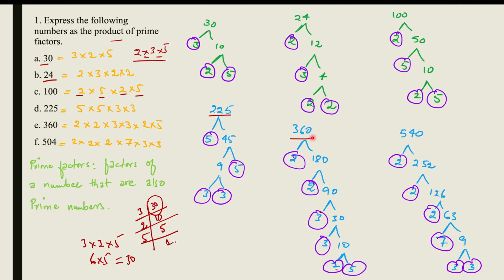Then we have 360, again written as 2 factors. 2 being prime is circled, 180 being composite is split.